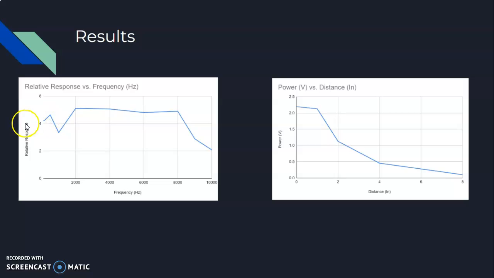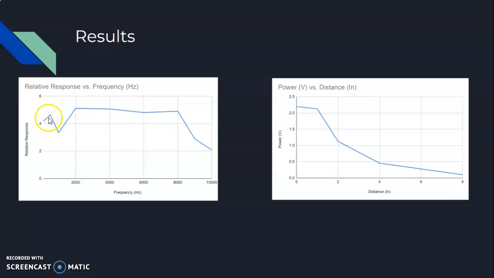As we can see right here in the 100 to 200 range, it's a bit lower. Of course, I think that this right here, around the 1000 hertz range, is an anomaly caused by just microphone issues. I don't think that's really indicative of the graph as a whole.